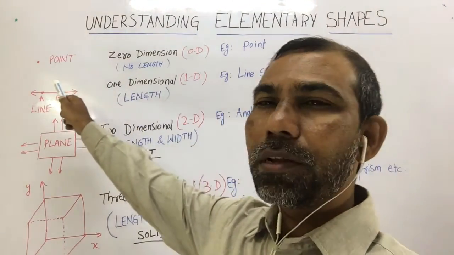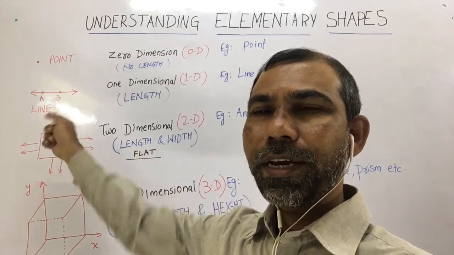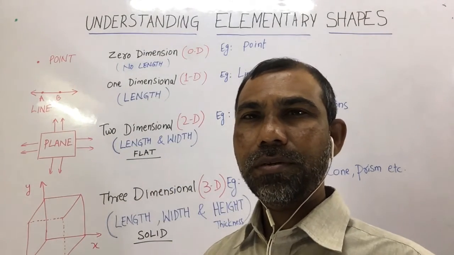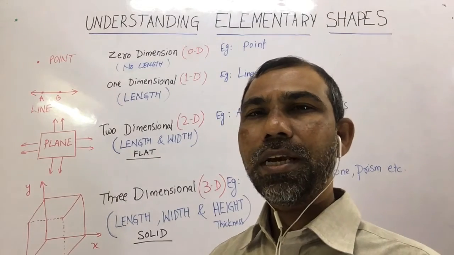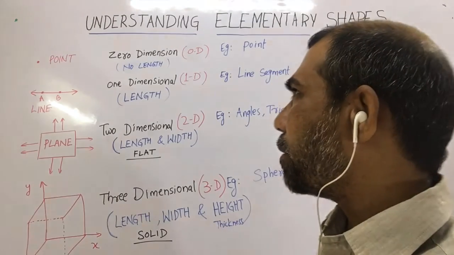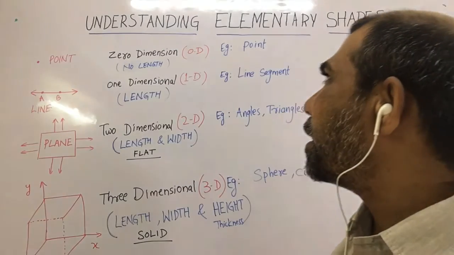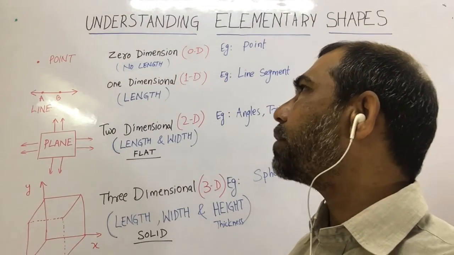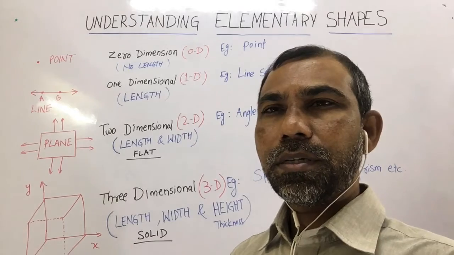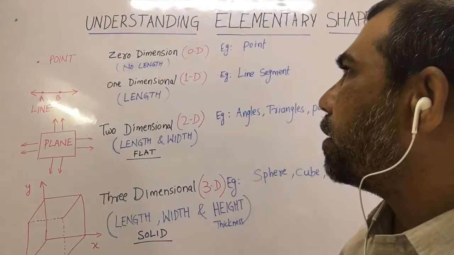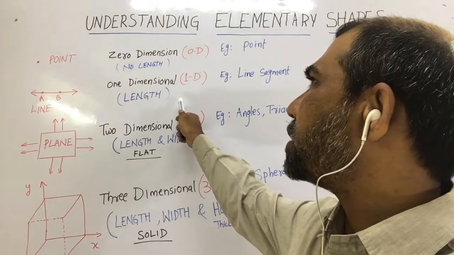Here you can see that a point has no dimension. It is a dimensionless shape and it is simply a dot, and there is no length at all for that dot. And we have a one-dimensional shape.